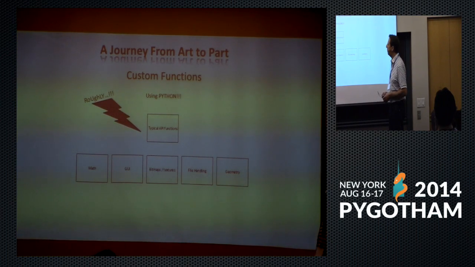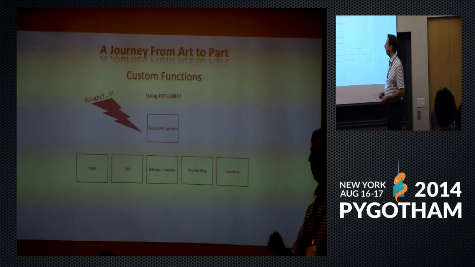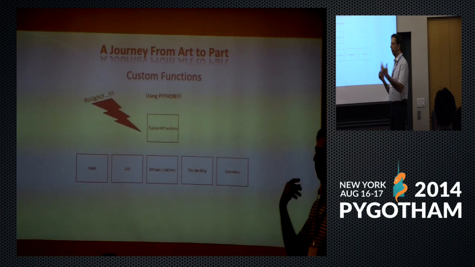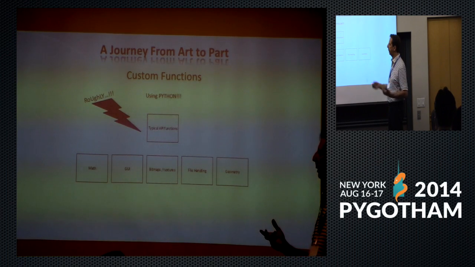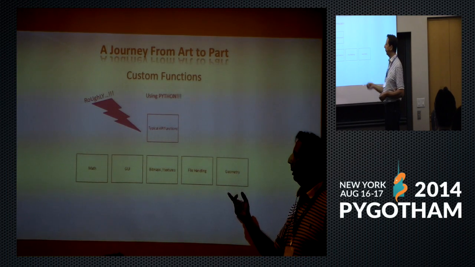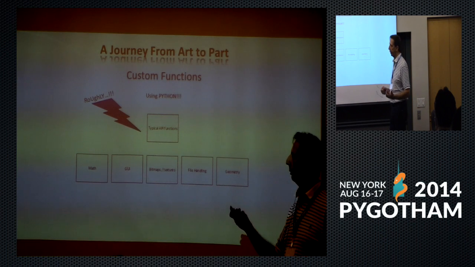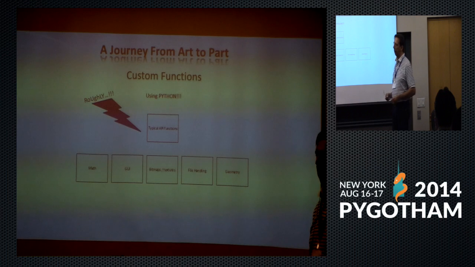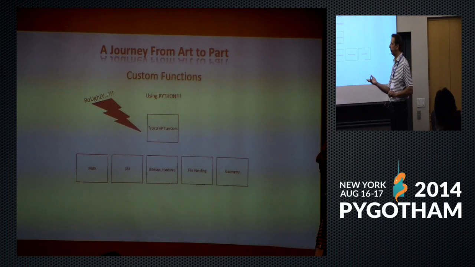The typical API functions across all those computer graphics packages are the math libraries, which allow you to translate objects and modify your geometry, and the graphical user interface, because as we will see in a second, Cinema 4D, for example, allows you to really easily define a slider in the user interface, or entry fields, or file path names.